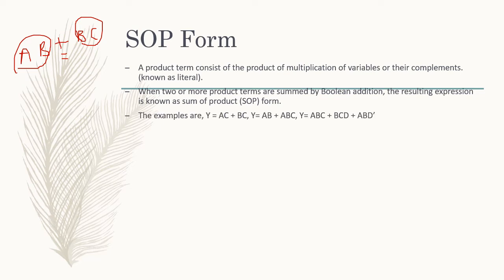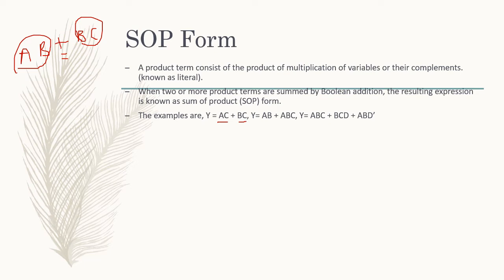Some examples are y equals AC plus BC. Here the products of two variables or two literals, which are AC and BC, and the sum of these product terms. So that's why this is one of the forms of SOP. Then another example is y equals AB plus ABC, and y equals ABC plus BCD plus AB D bar.